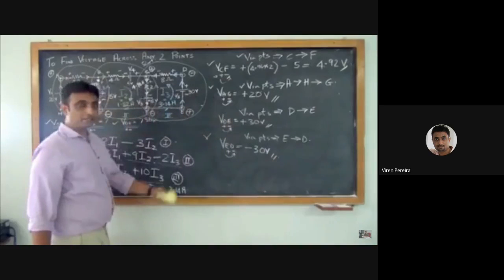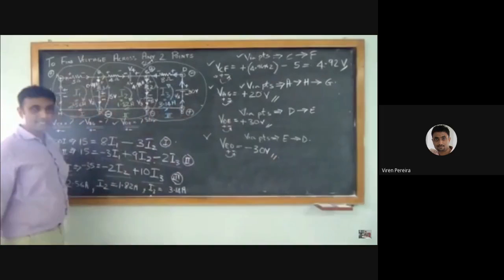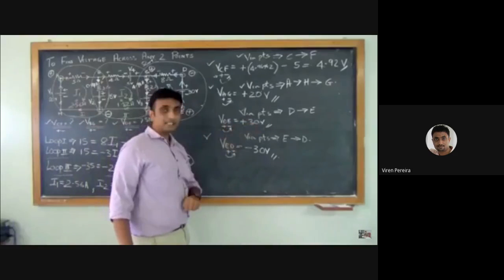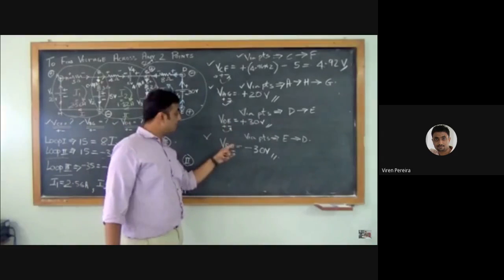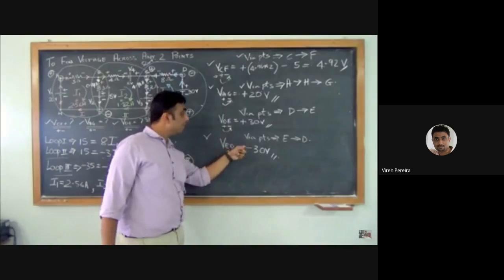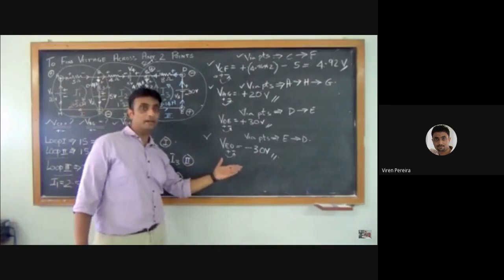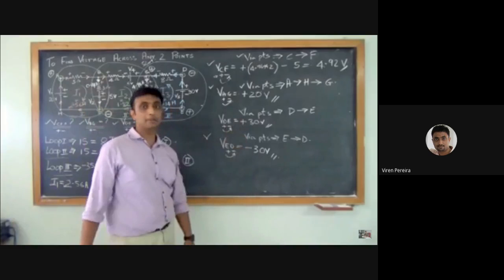So if you see this, if my VDE is plus 30 volts, then obviously my VED will be minus 30 volts. It will have the same magnitude, but its direction will be reversed.